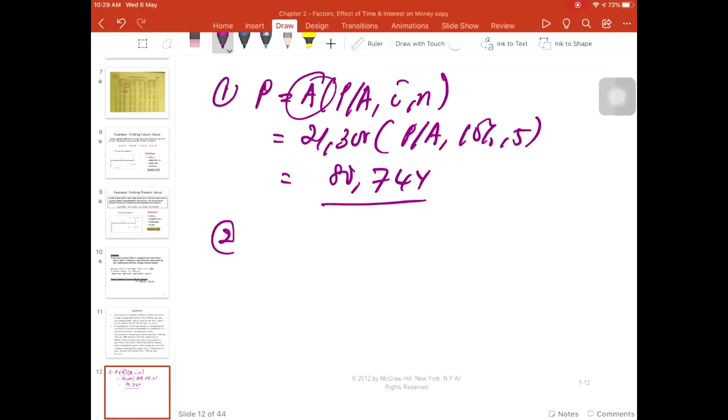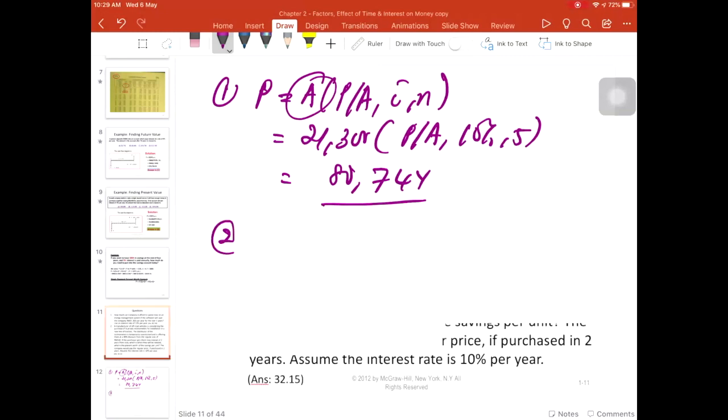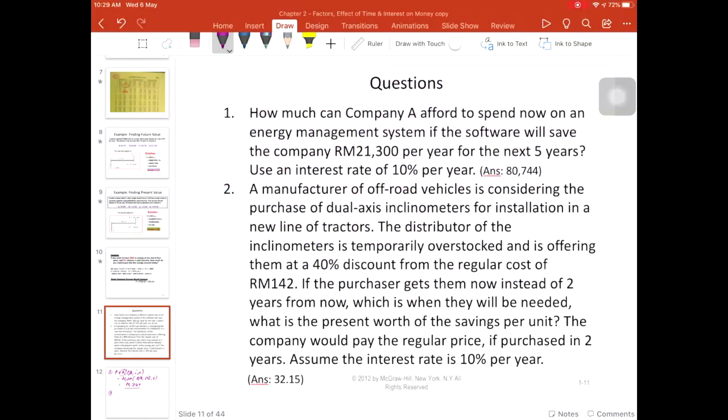Okay, how about number 2? A company of off-road vehicles is considering the purchase of a dual axis inclinometer for extension of the new line of tractors. The distributor of the inclinometers is temporarily overstocked and is offering them at a 40% discount from the regular cost of 142 ringgit.